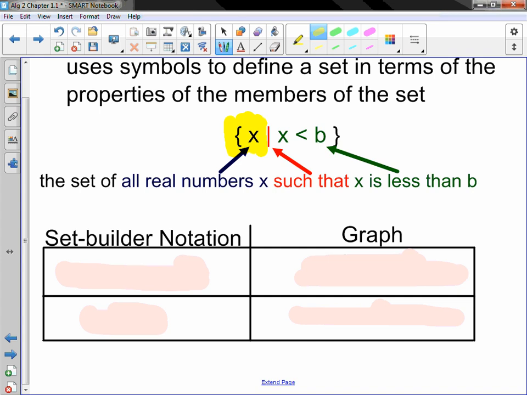That bar means such that x is less than b, which is all of this right here. So in mathematics, instead of writing out the set of all real numbers x such that x is less than b, we write it like this here.